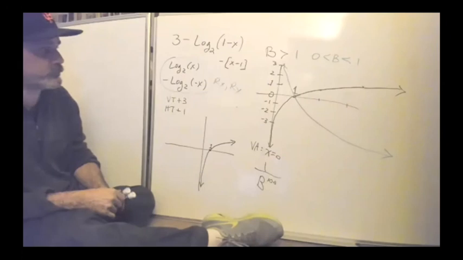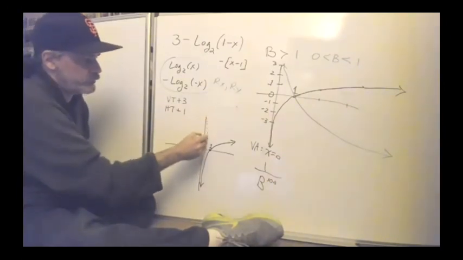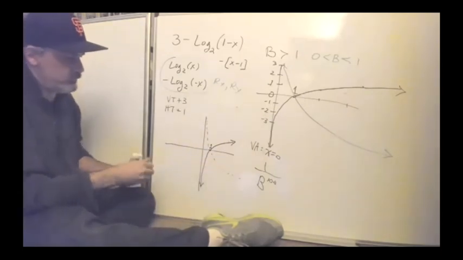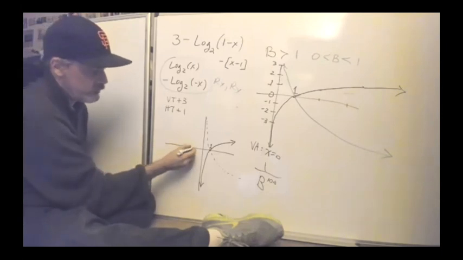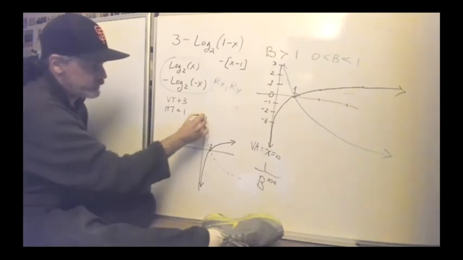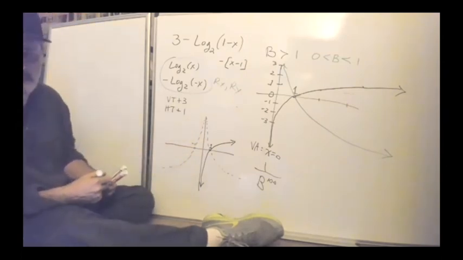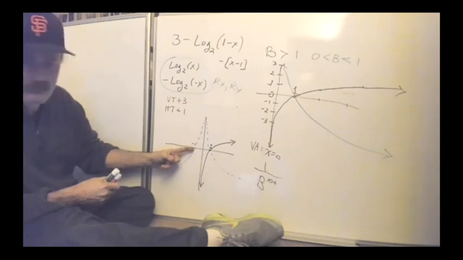Then we reflect across the x and reflect across the y. So first we'll have this, and then we'll come over here and reflect across the y. So this is where we're at now. Now we're going to move this up and down.